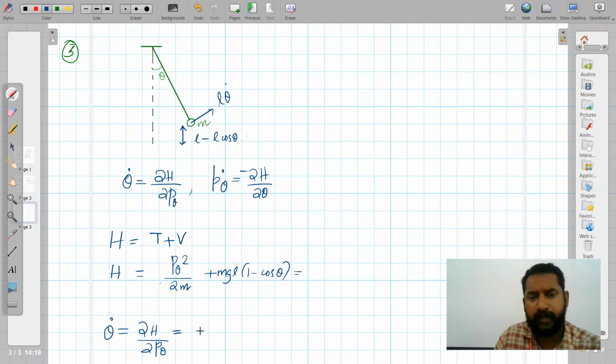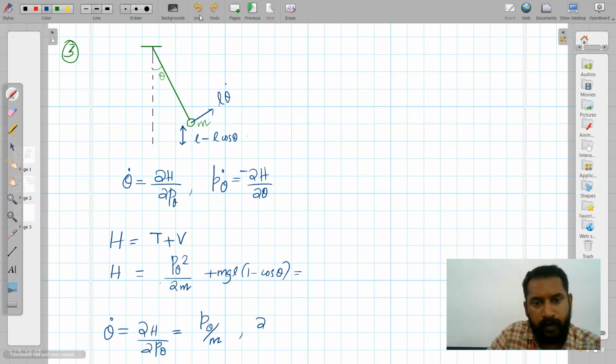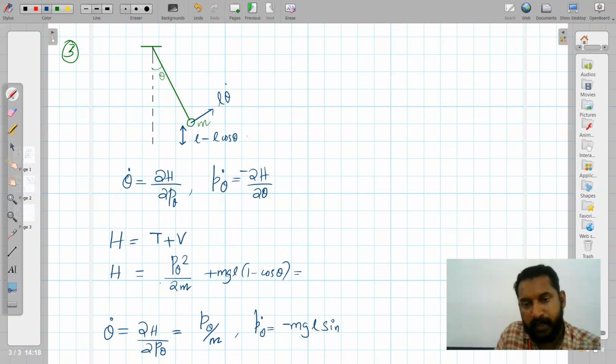So dou H by dou p theta is p theta by m L square, and the second one is p theta dot equal to minus dou H by dou theta. That minus sign will give me plus, then the cos theta derivative is minus sin theta. So minus mgl sin theta.